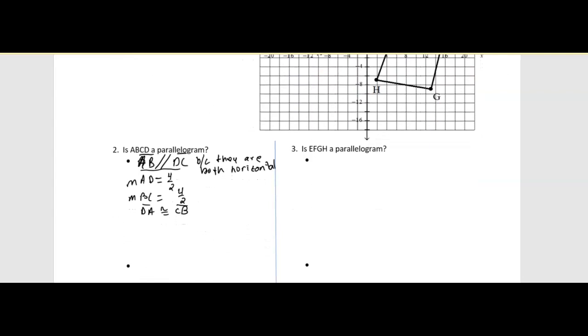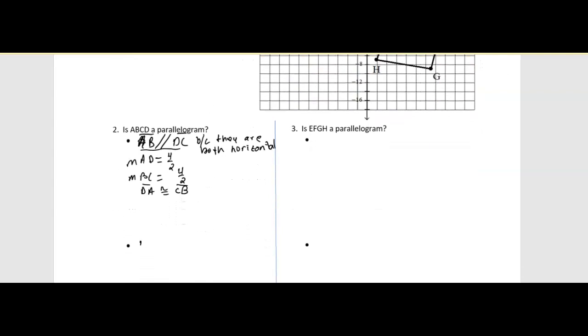So AB is congruent, that's our symbol for congruent, to DC, because both are 6 units long. All right, so we know those are congruent.